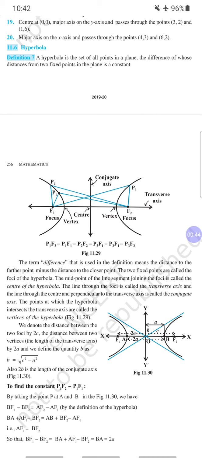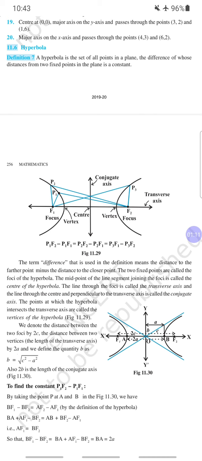Now let's see what the relation is and how we mathematically define a hyperbola. For a hyperbola, the basic concept is this: look at the top equation. It is written as P1F2 minus P1F1 is equal to P2F2 minus P2F1, equal to P3F1 minus P3F2. What does it mean?